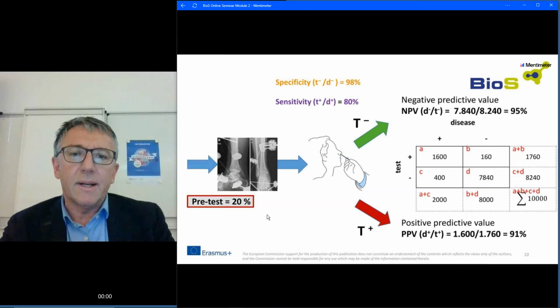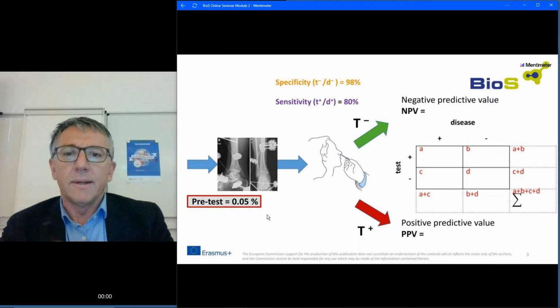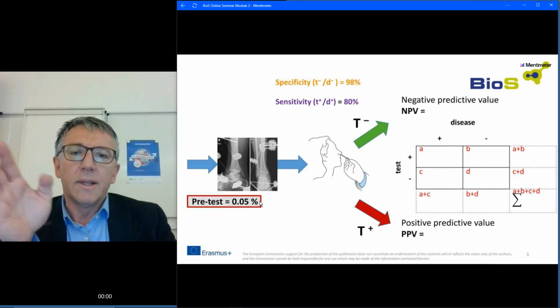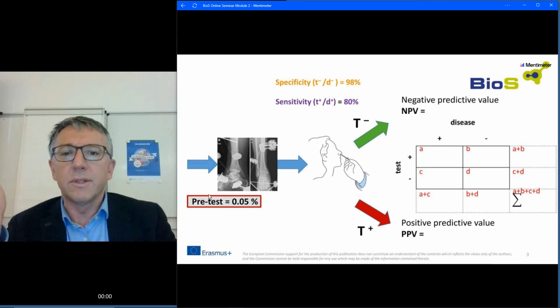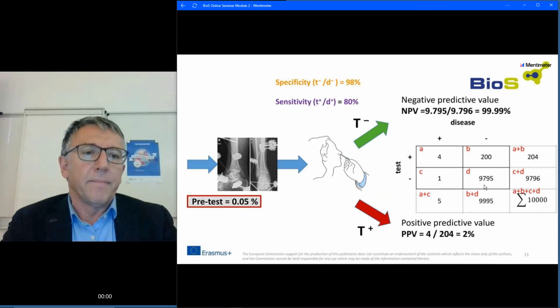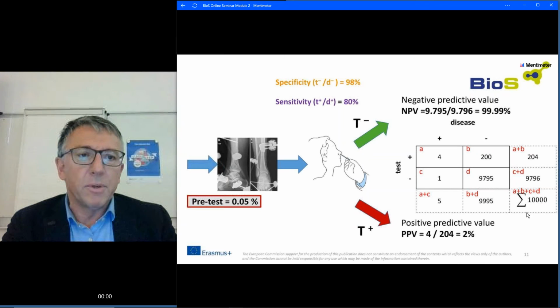Just out of curiosity, we do the same exercise for a low pretest prevalence, pretest probability from an individual that has not been in contact with any other people who had the disease. So this is the kind of general population here. And I spare you the numbers here.